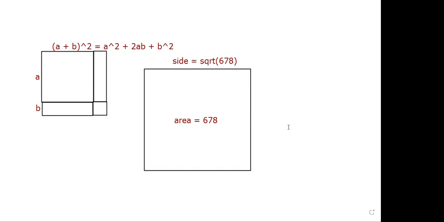So we are connecting the square that children learn in geometry with the square root and square of a number in number work or algebra. So how can we find that?